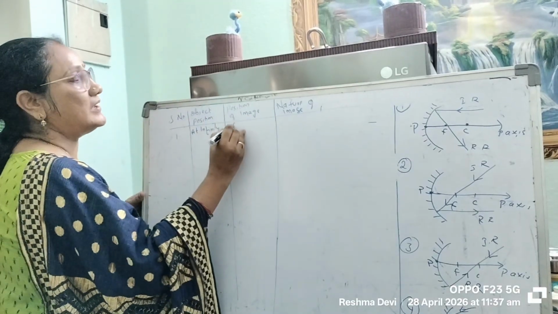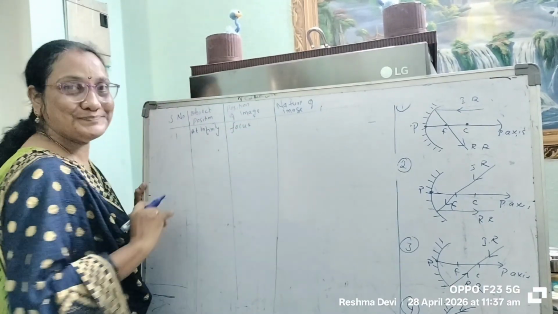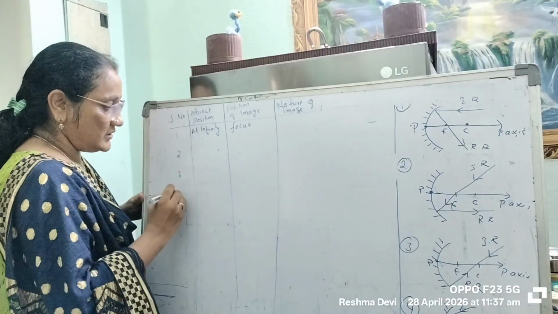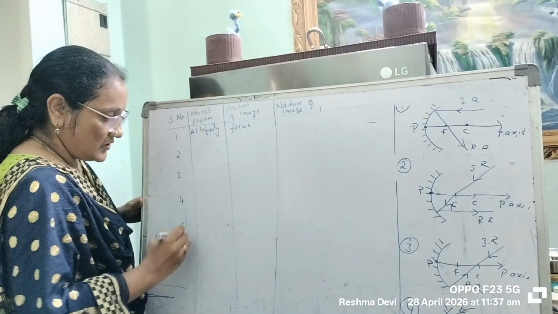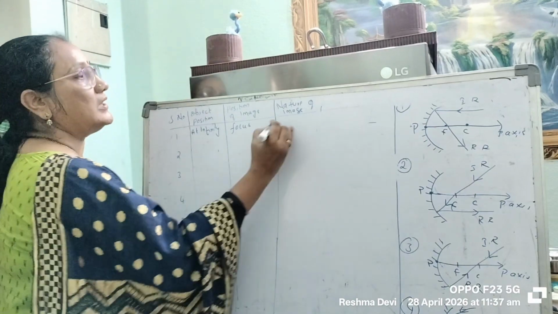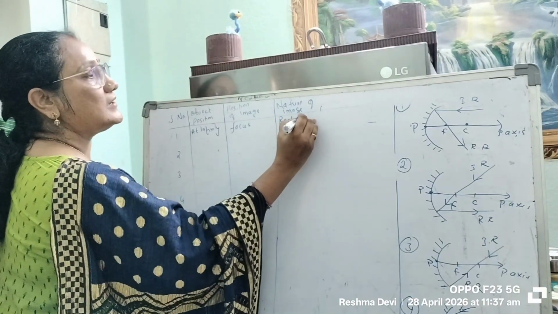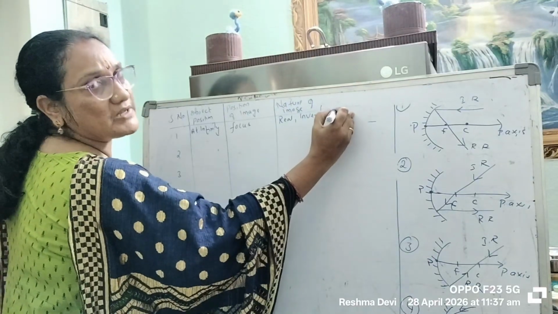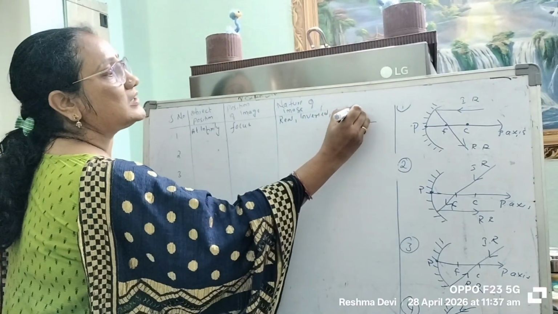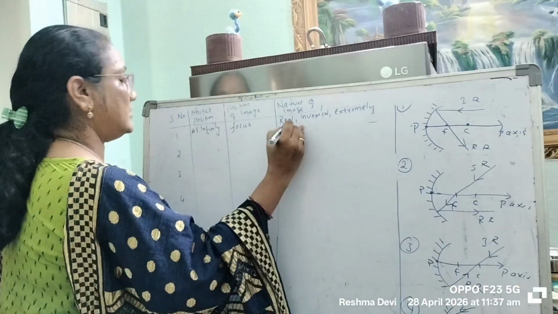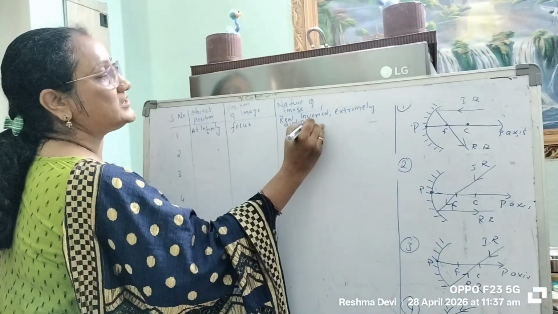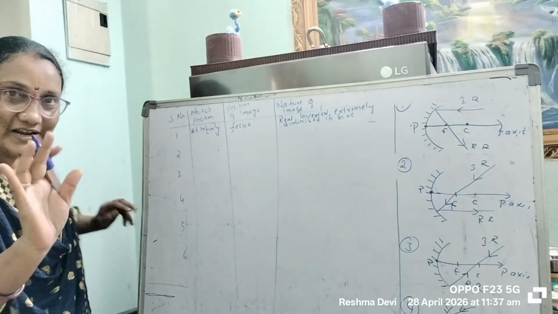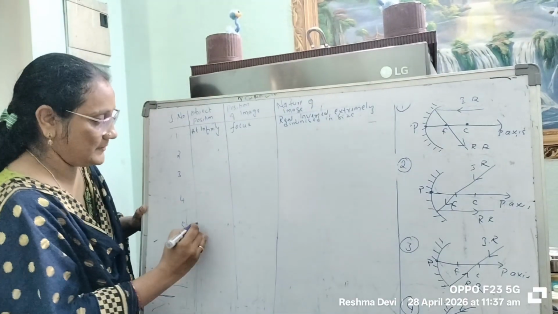Now say at focus. Okay, 1, 2, 3, 4, 5, 6 positions. And nature, real, inverted, extremely diminished, very, very small. Extremely diminished in size. Now I will write 5th one for easy remembering.